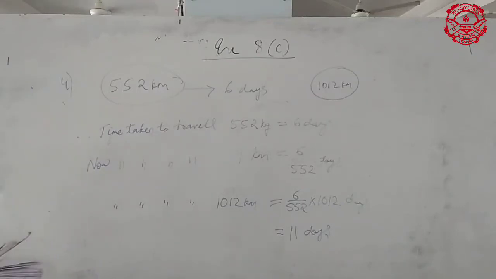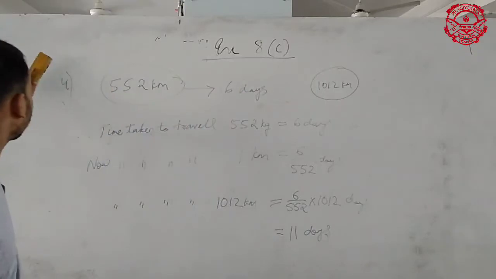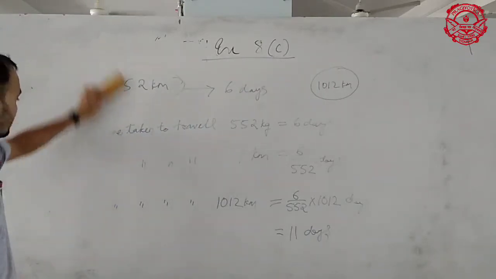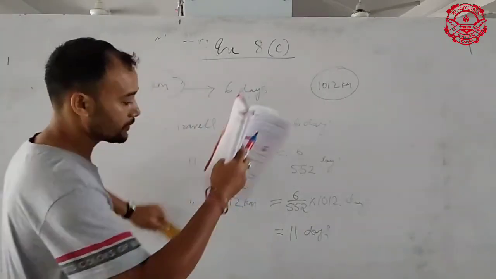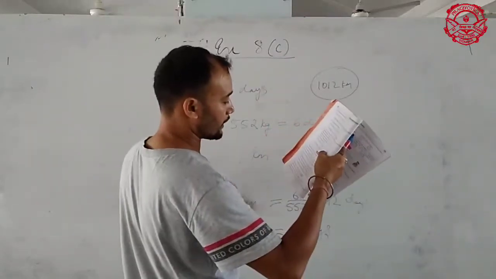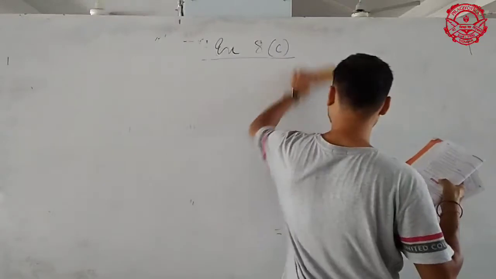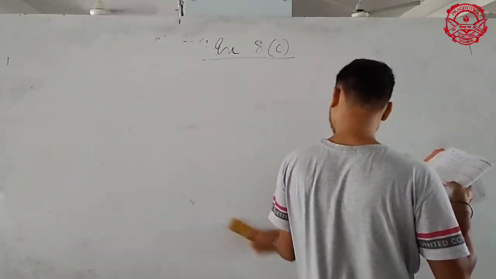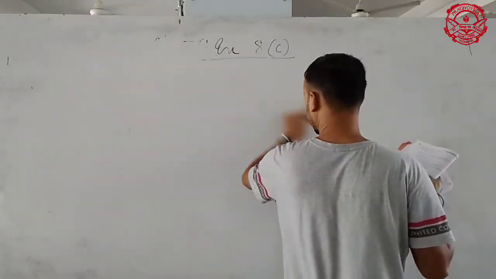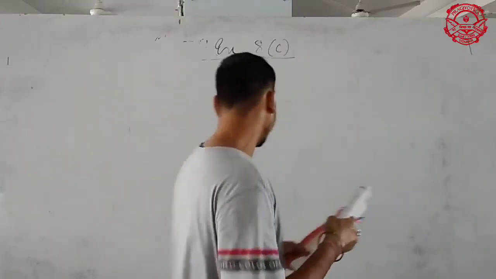Yes. Now see question number 5. Question number 5. They are asking, 2.5 liters of paint is used to cover a particular area. Okay. They are talking about some painters.